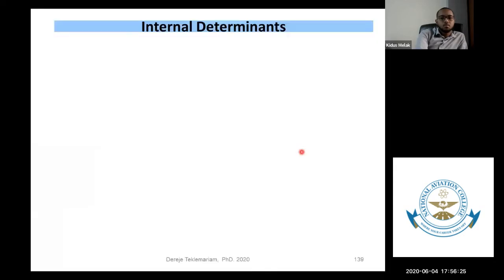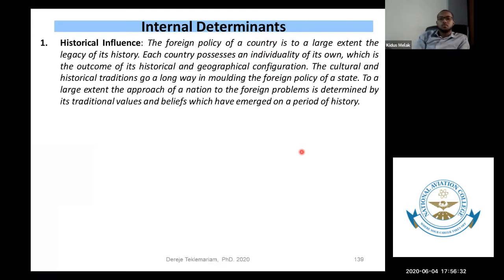So the first one is the historical influence. The historical influence on the foreign policy of a country means the legacy it has. Normally, every country has its own historical trajectory. Maybe it is purely historical, or even purely a geographic configuration or the like.